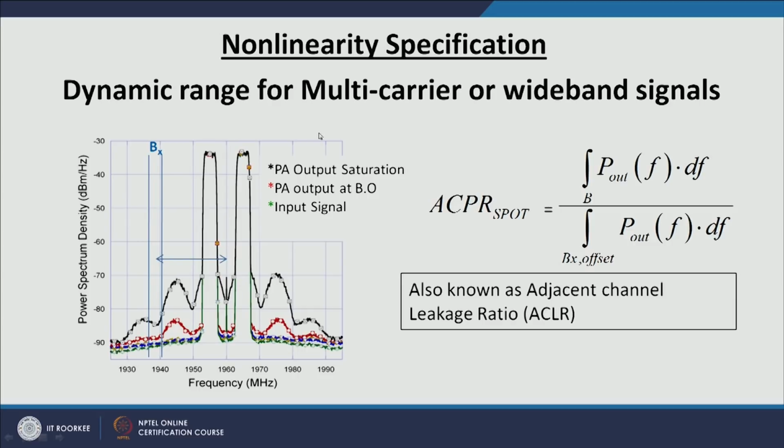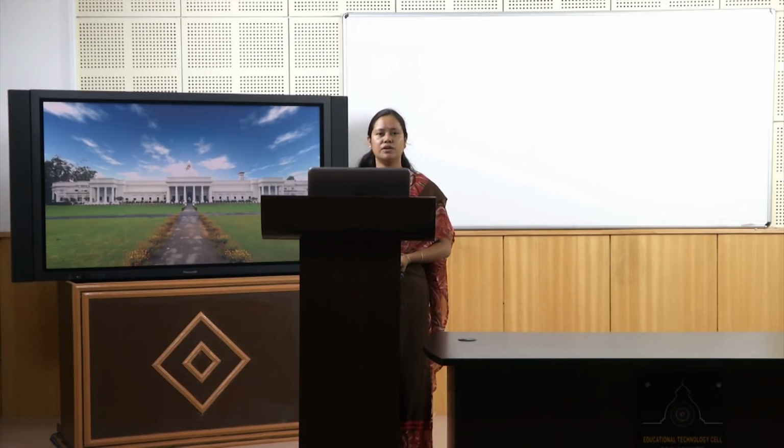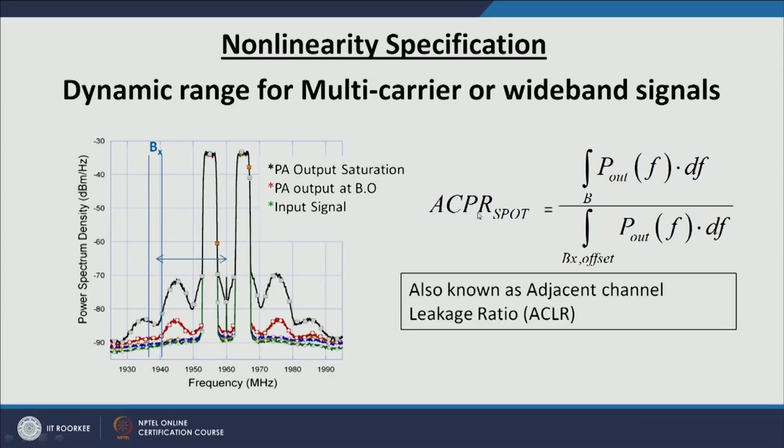So in this case, when we are using multi-carrier or wideband signals, our distortion is not measured by signal to noise ratio, but a similar kind of metric is used for that, which is called adjacent channel power ratio. So adjacent channel power ratio is the ratio of the powers in the in-band signal and the adjacent channel frequency.